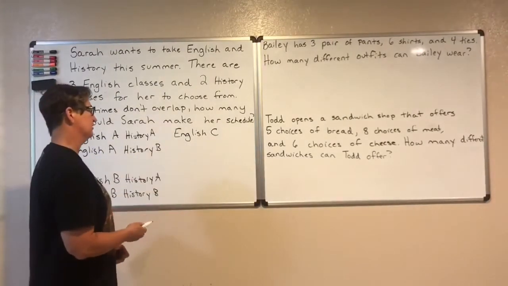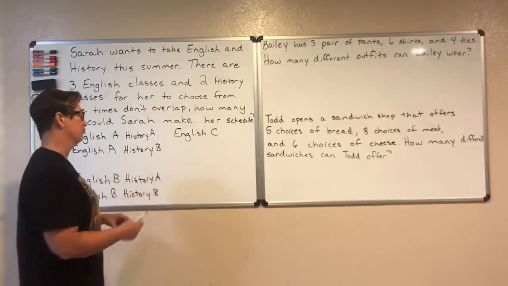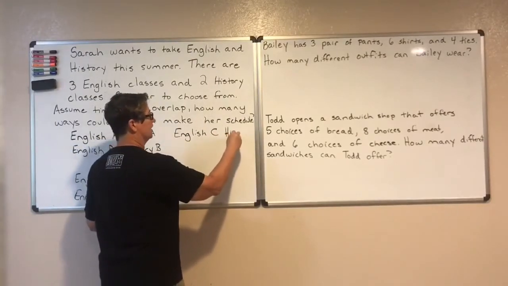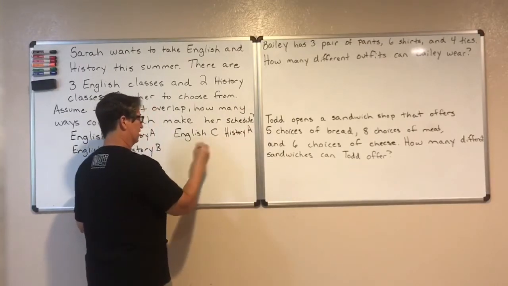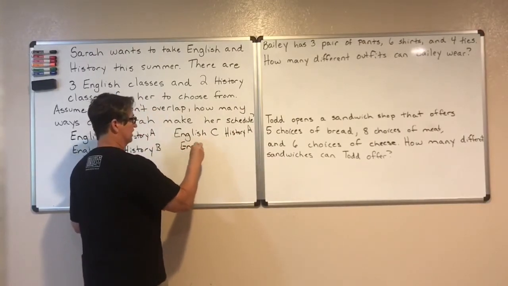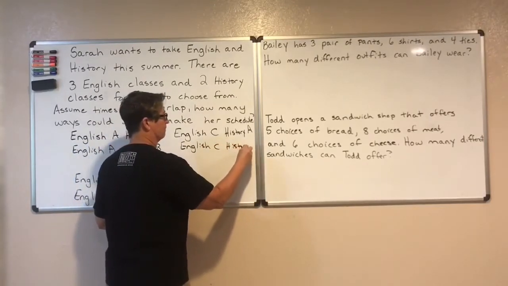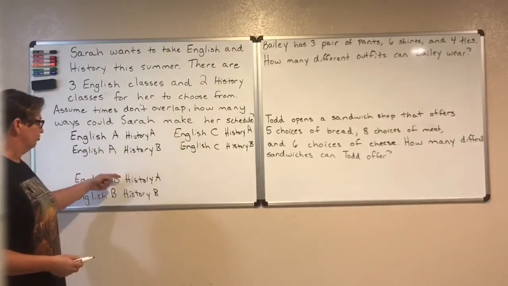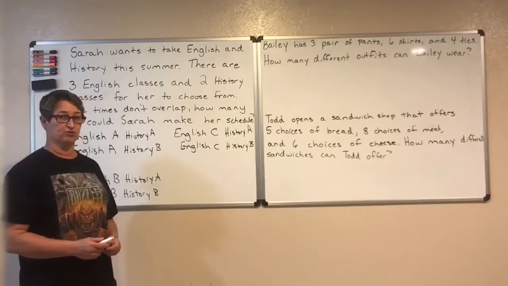Last but not least, she has English C, so maybe she decides she doesn't want to take English B for whatever reason, and she moves over to English C. Again, she can take English C with History A, or English C with History B. So looking at it, she has 1, 2, 3, 4, 5, 6 different ways that she can create her schedule.